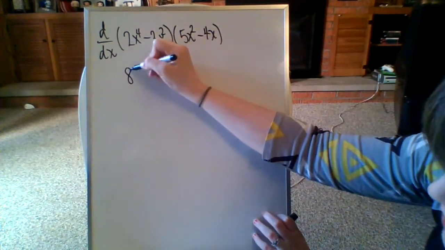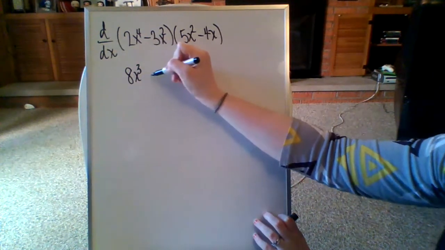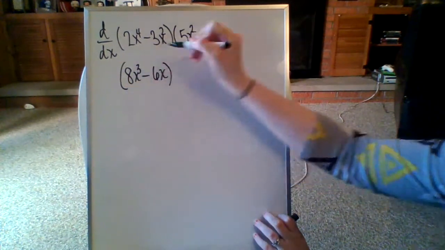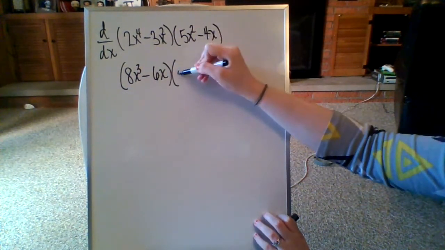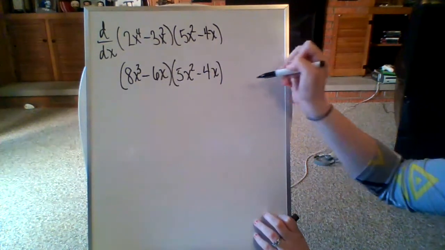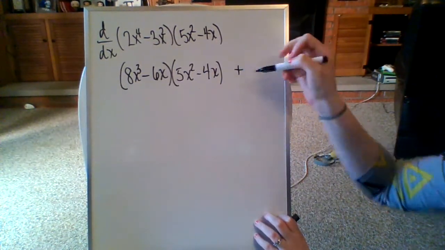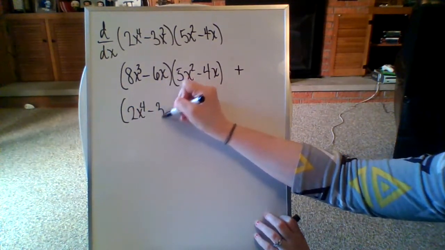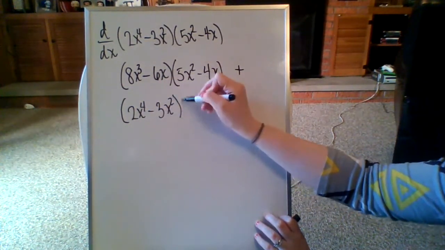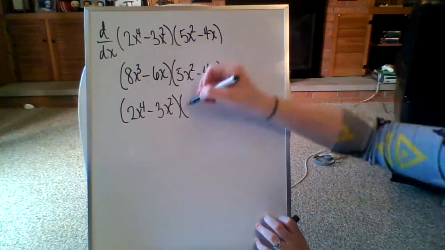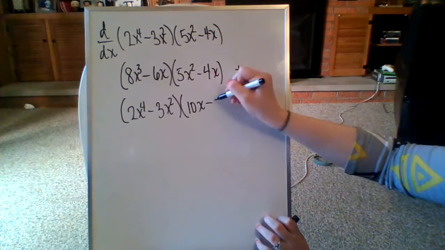So 8x to the third minus 6x times exactly the second part as it is. Okay, then plus the first part just as it was times the derivative of the second part. So this is going to be 10x minus 4.